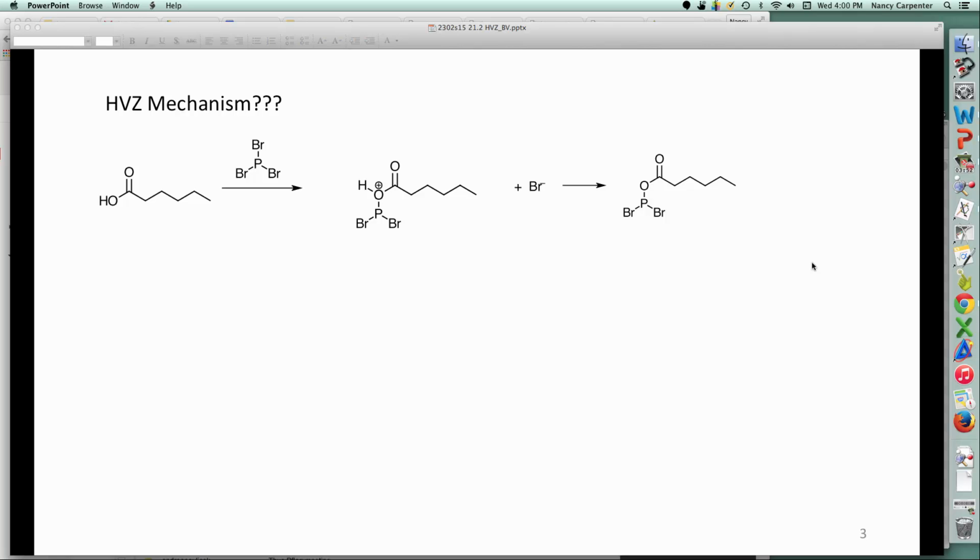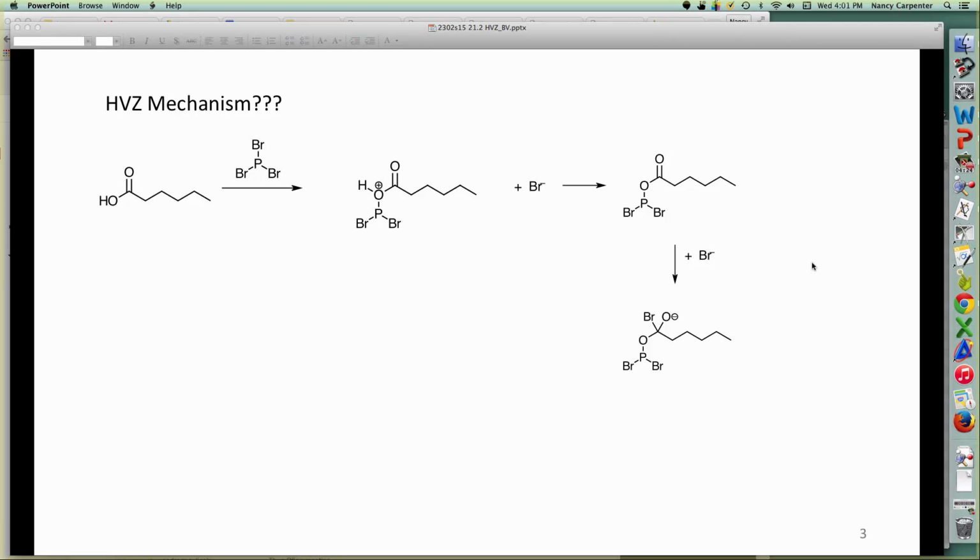So, sure enough, the Br minus that got kicked out can come over here and pluck off that hydrogen. And that gives me this intermediate. And what you should see about that intermediate is that that's really a pretty good leaving group. So, in the presence of another bromide, well, don't worry, we got bromides aplenty here.